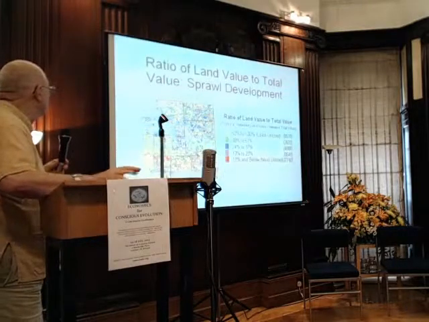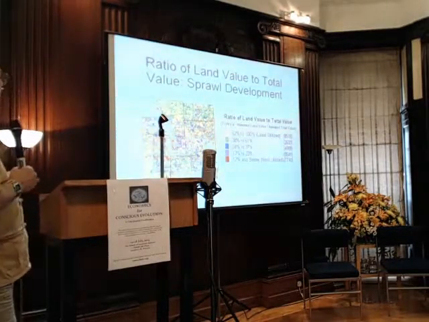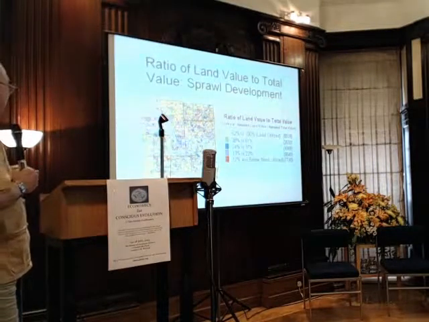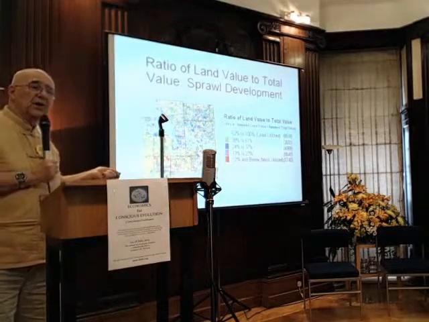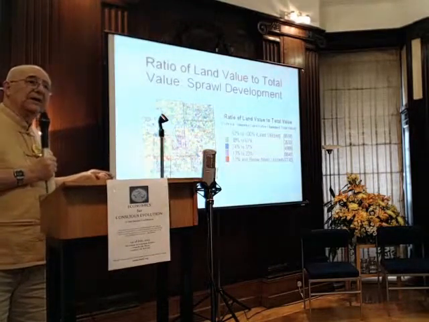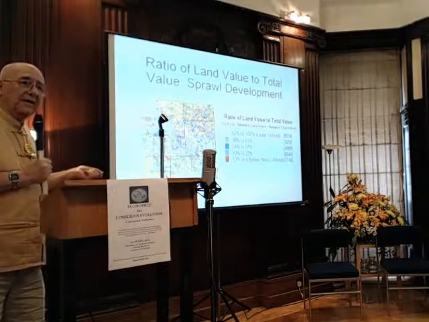And if you really want to see something interesting, take a ratio of land value to total value, and you can see, ideally, if we had efficient land use, we would have high value buildings on high value land and no buildings on no value land.